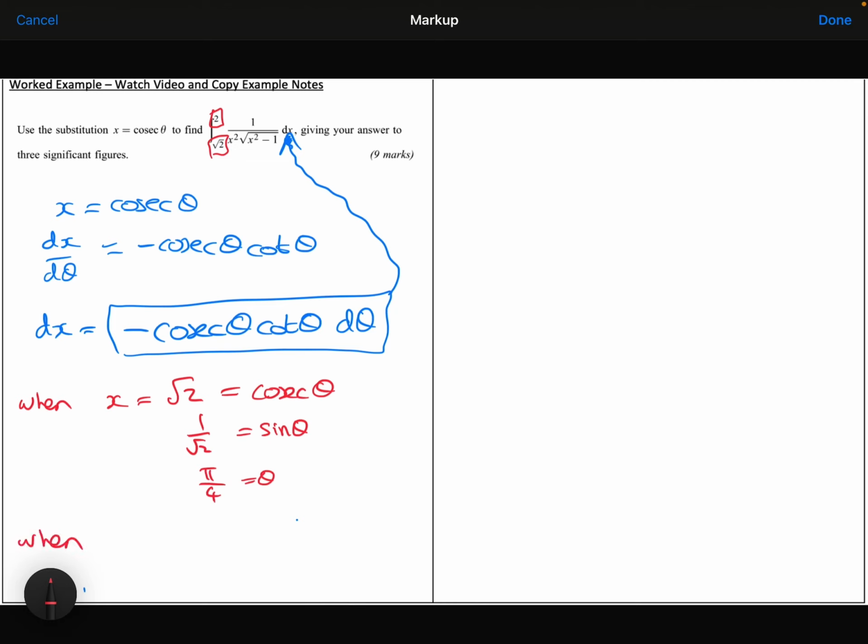Now when x equals 2, what's the value of cosec theta? Again, that means that sine theta would be a half, so theta would be pi over 6. So we found that the upper limit in terms of theta is pi over 6. Our lower limit in terms of theta is pi over 4.